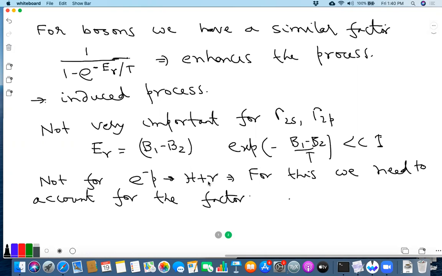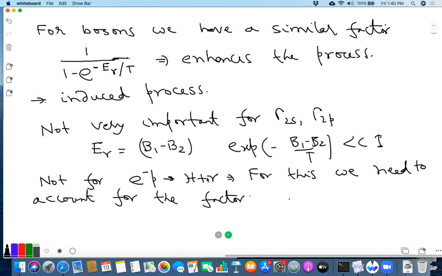We don't state it as a principle normally, but it follows from statistical mechanics that for bosons, if a state is occupied, the probability that you go into that state gets enhanced. This is what is sometimes called induced emission. If there is a photon, then it's more likely to produce a photon than if it was decaying in the vacuum.